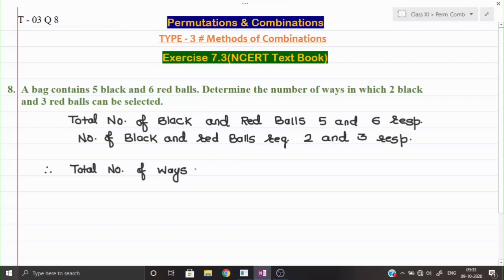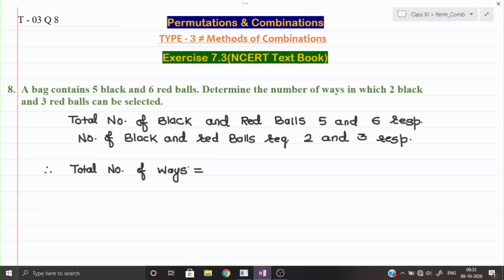While writing the total number of ways, remember our whole question is divided into 2 parts: the combination of black balls and the combination of red balls. Since these are the 2 parts of the whole question, we shall find the combination of black balls separately and the combination of red balls separately. Since we need to combine these 2 parts to find the solution of the whole question, we shall multiply.